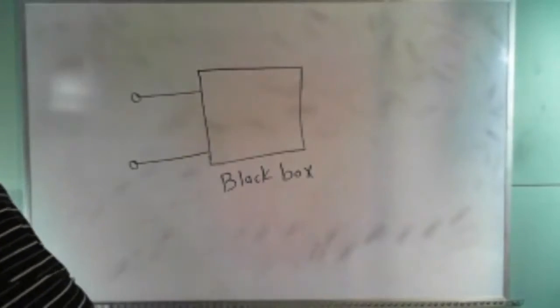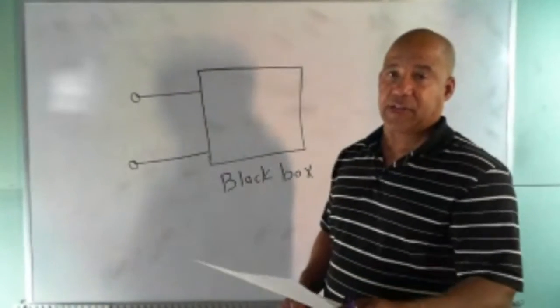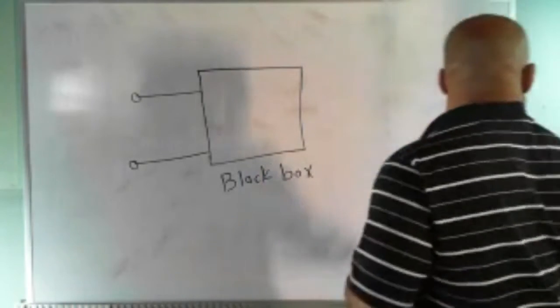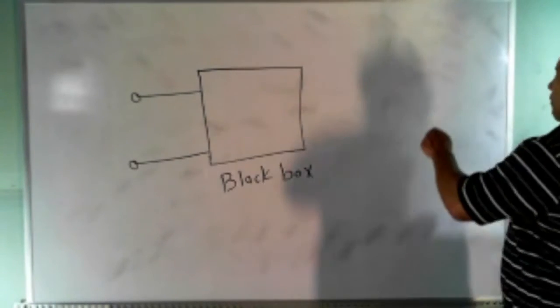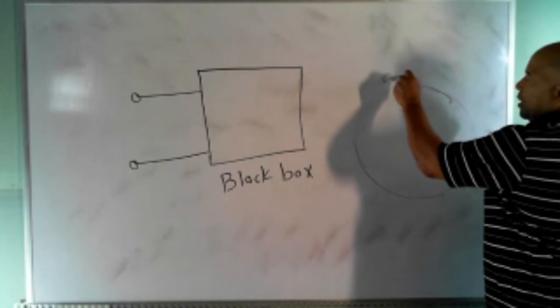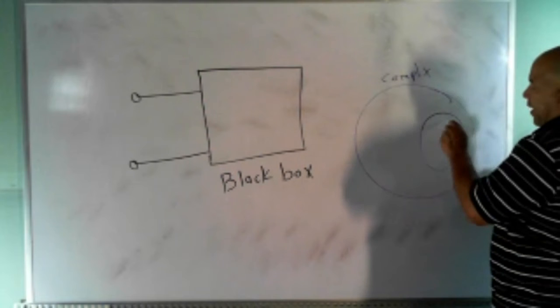In A, they give you the voltage phasor and current phasor. Remember, we talked about this. Let me just show this real quick again. I have that Venn diagram I showed you. So these are complex numbers. And then here I have phasors.